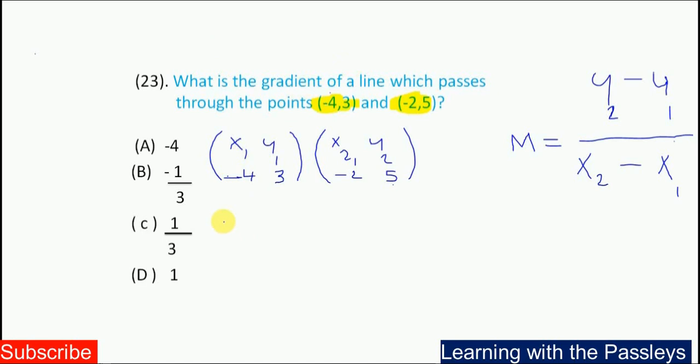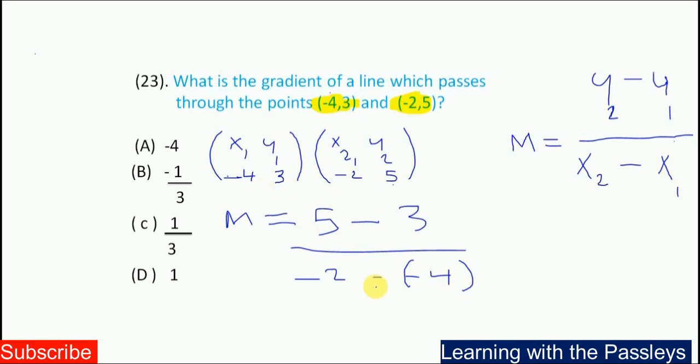Therefore, m equals, what is y2? y2 is 5, minus y1 which is 3, divided by x2 which is minus 2, minus x1 which is minus 4 in bracket.